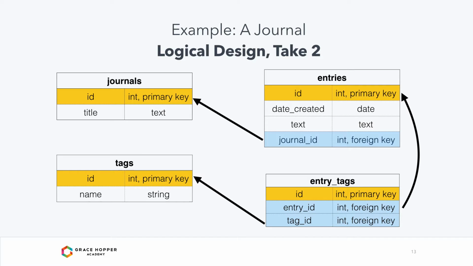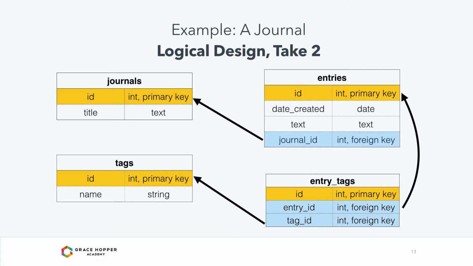So all that said, sometimes you will intentionally denormalize a database for performance reasons, because now in order to find all entries within a given journal that are tagged by a certain thing, which is not uncommon as an operation, you have to touch every single one of these tables at least once. It's actually kind of a big join.